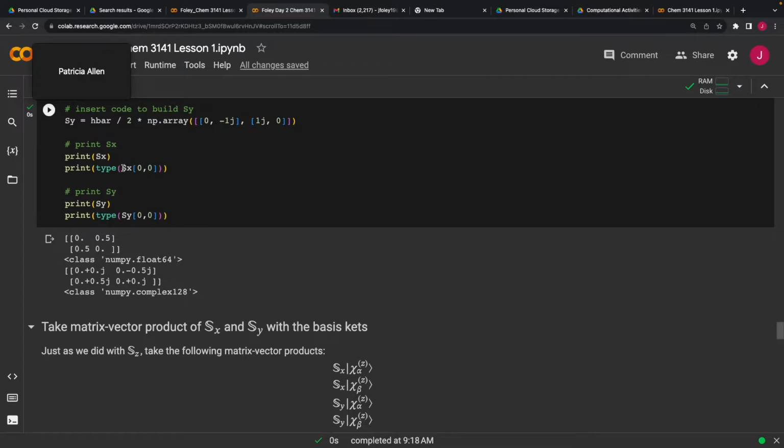And then I'm asking specifically about one element of the SX matrix. This is element row 0, column 0, which is this element right here. In Python's way of counting, this is row 0, column 0. This would be row 0, column 1. This will be row 1, column 0, row 1, column 1.